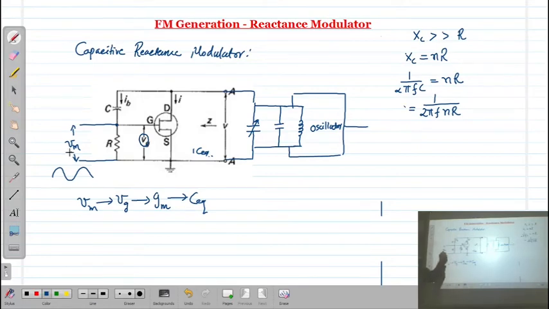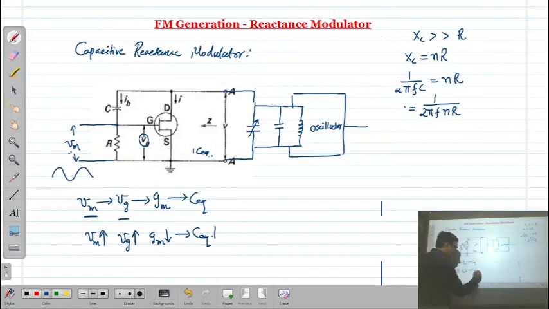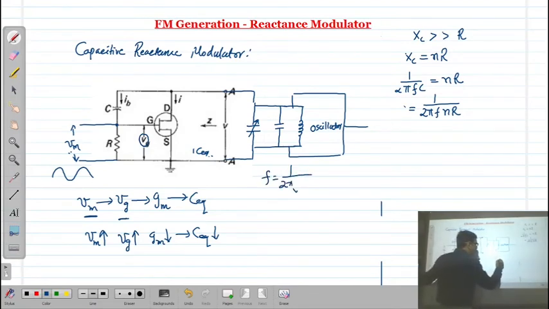So as the Vm voltage, remember, here the Vm voltage is supposedly increasing, then the gate voltage is increasing. In that case your transconductance is decreasing. You can see the formula. Then transconductance is decreasing, ultimately your C equivalent is also going to decrease. And what is the formula for the frequency of oscillation? It is 1 upon 2 pi under root of L times C equivalent, plus whatever the value of this capacitor will be.